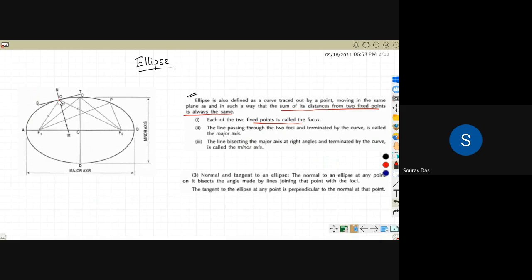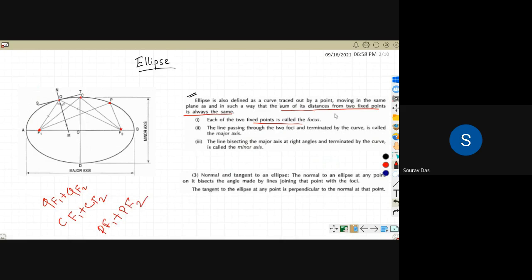Say this point Q, this is one focus, F1, and this is the second focus, F2. The sum of the distances is QF1 plus QF2. Again for point C, the distances are CF1 plus CF2. Again for point P, the distances are PF1 plus PF2.